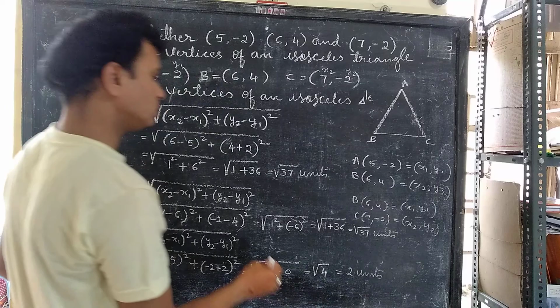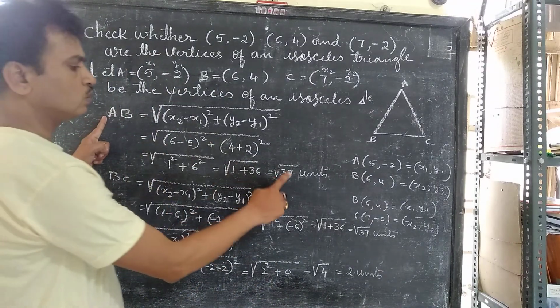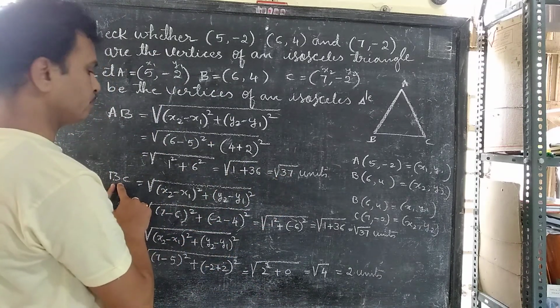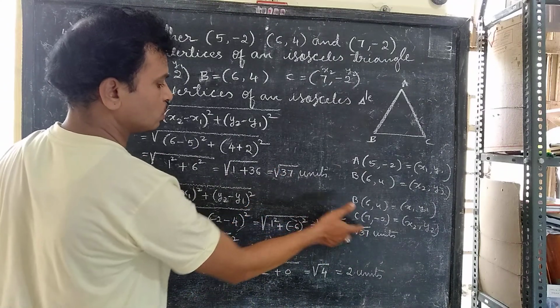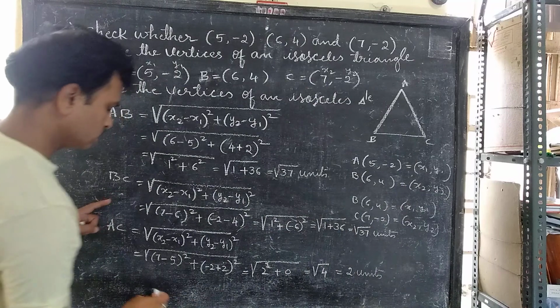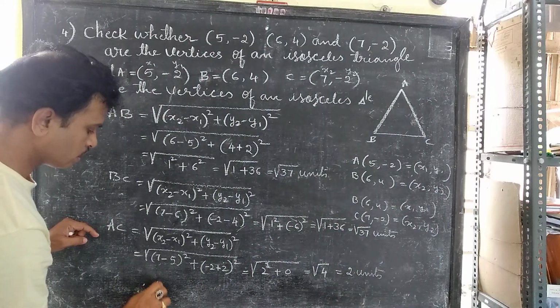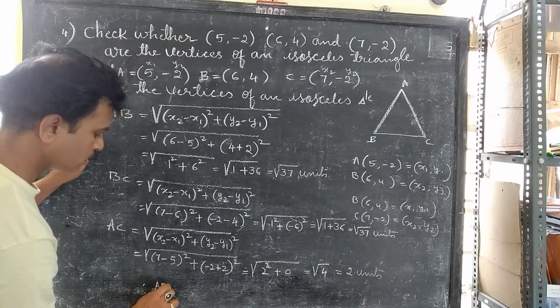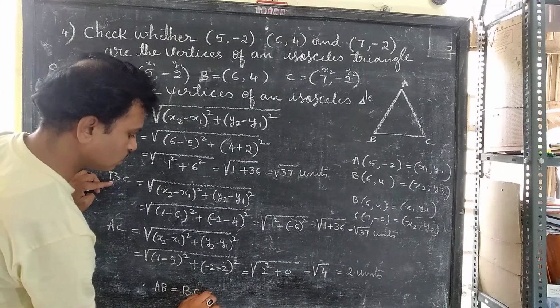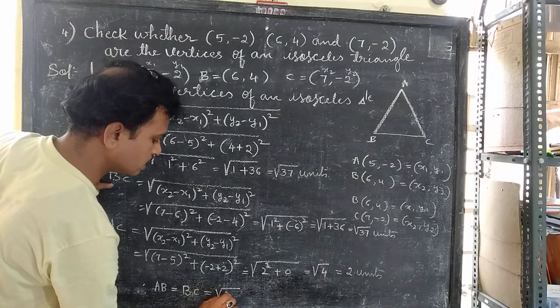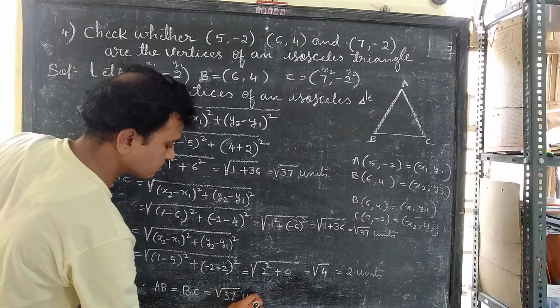Now here we got AB equal to square root of 37 and BC equal to square root of 37. So we got two values that are the same. Therefore AB = BC = square root of 37 units.